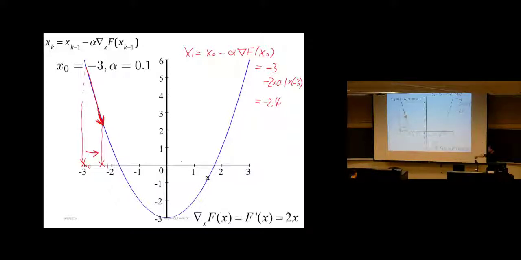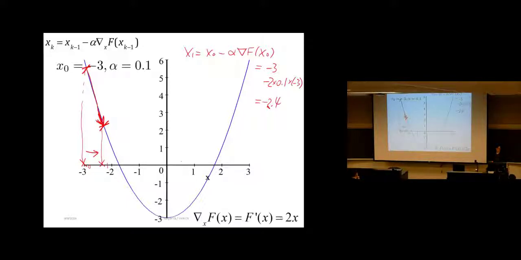The arrow pointed down shows you the change of y, and the arrow in the x dimension shows you the move of x. That's the gradient. So x0 goes to x1, from -3 to -2.4, and y, starting from this point, moves down to this point.